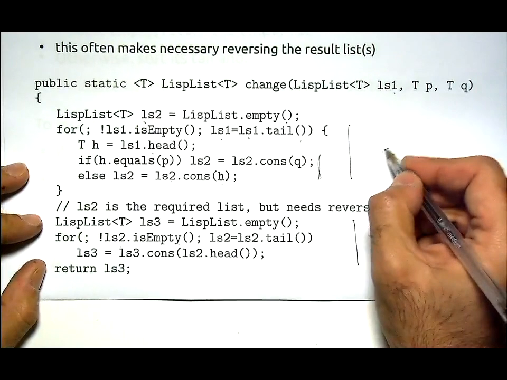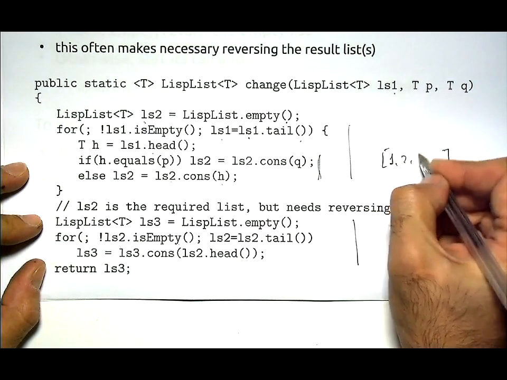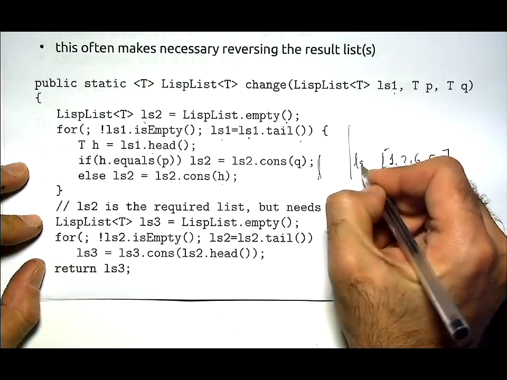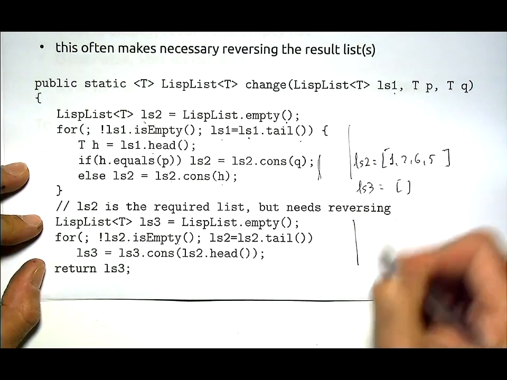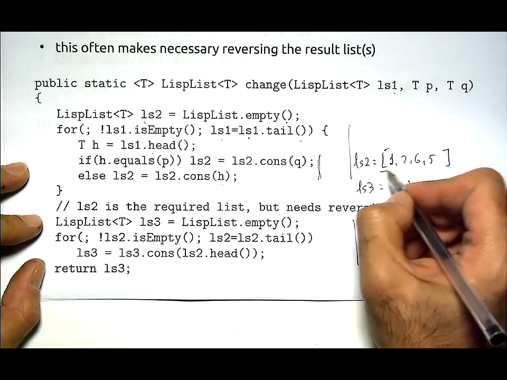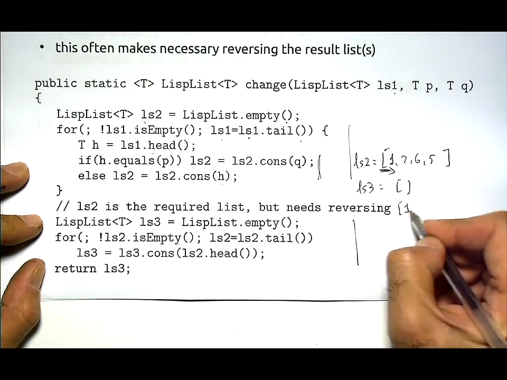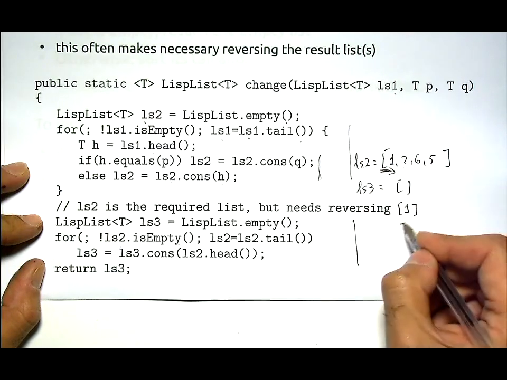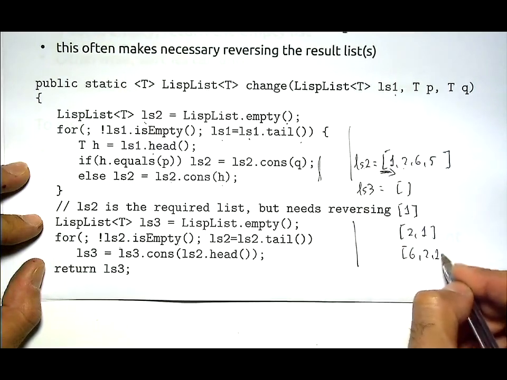And this actually works, because if I have the list like this, so before it was what? 1, 2, 6, 5. So this is my ls2. ls3 is initially empty. Then I read this way, remember? So from empty I get back, the next time is 1. The next time is 2, 1. Then it becomes 6, 2, 1.